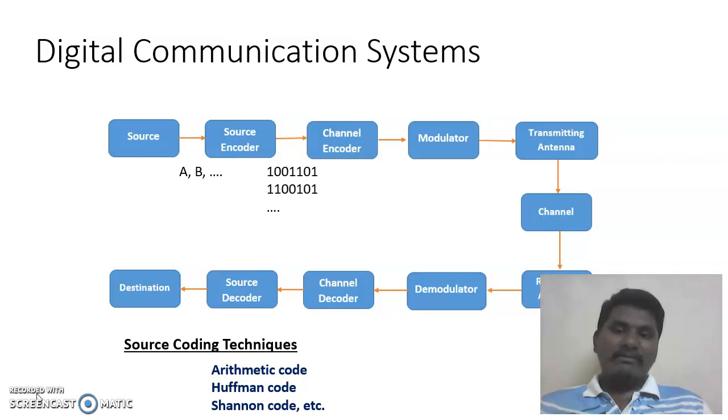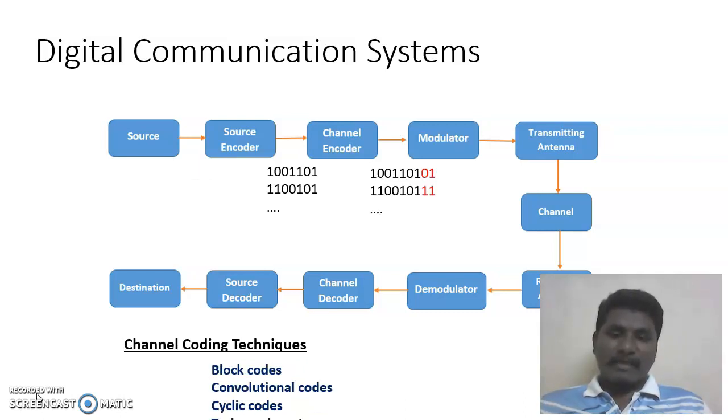This will be done by the source encoder, and binary assignment is a simple source encoding technique, but we can use fewer bits in total by using different source coding techniques. These include arithmetic code, Huffman code, and Shannon codes.